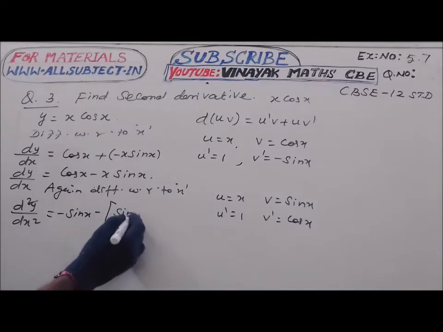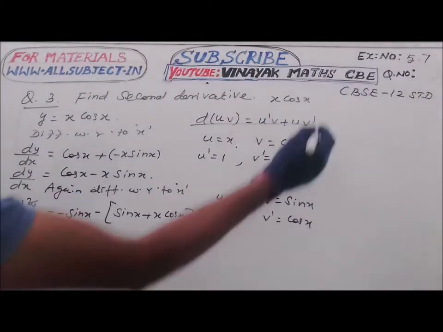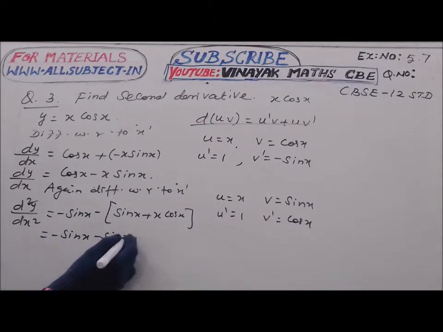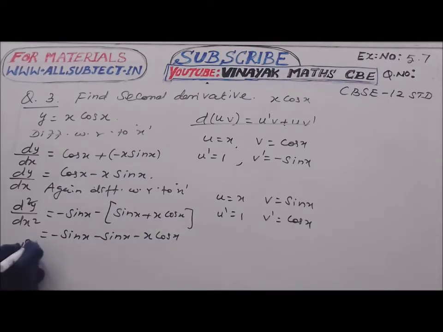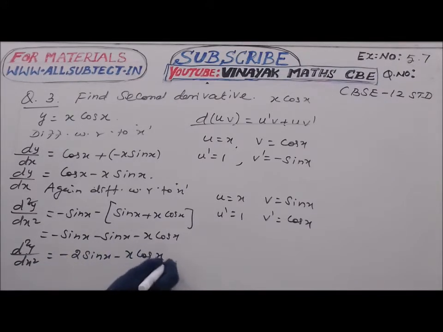Now u v dash plus u dash v, and here we have sin x plus x cos x. Substituting the same formula, we get minus sin x minus of sin x plus x cos x. Multiplying the minus inside, we get minus sin x, again minus sin x, minus x cos x. Simplifying these two, d square y by dx square equals minus 2 sin x minus x cos x.